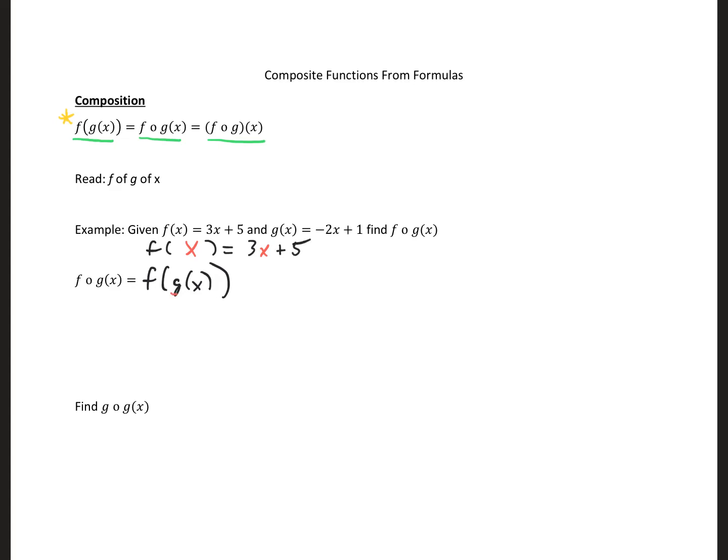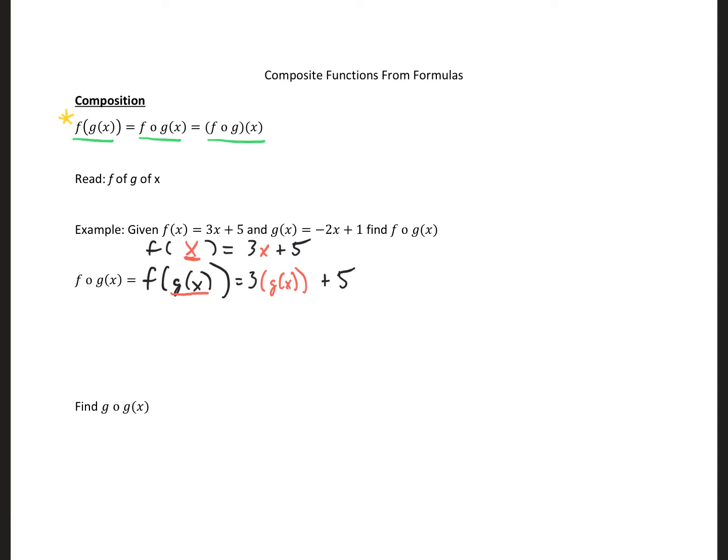Do you notice how g of x is in the same place as x? So 3 times, I'm replacing x with g of x. G of x is in place of x.